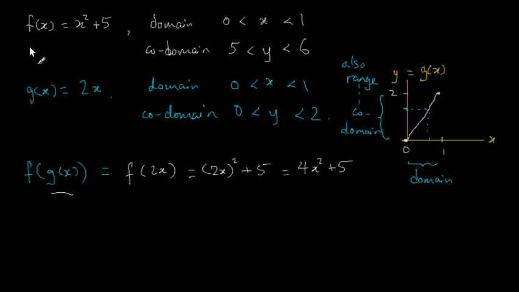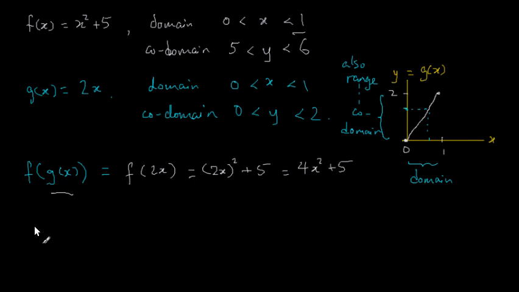But then the function f only allows values up to 1 for x, for the value of x that goes into the function f. So now, can you see a problem? g(x) can give values up to 2, but f(x) can only take values up to 1. That means that the domain of f(x) does not allow some of the values given by g(x).